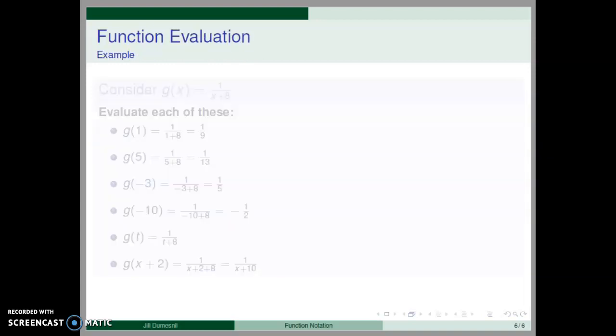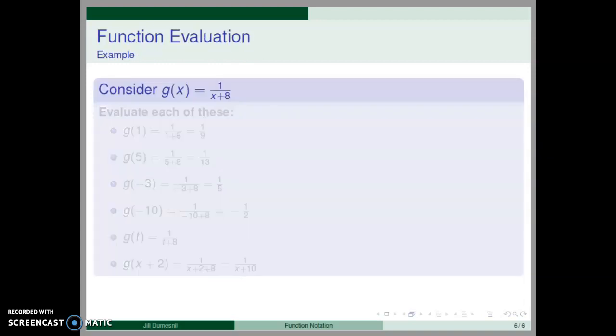Let's compute one more example. Consider the function given by g of x equals 1 over the quantity x plus 8. We will again evaluate a variety of function values. To compute g of 1, we substitute 1 into the formula for x, producing 1 over 9.